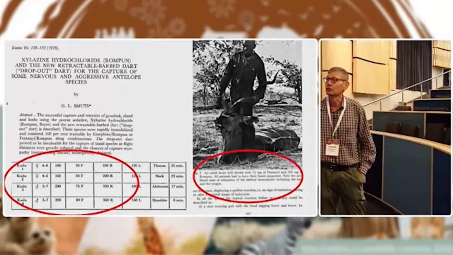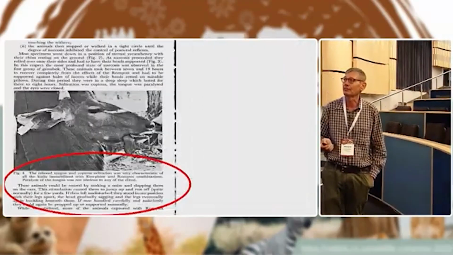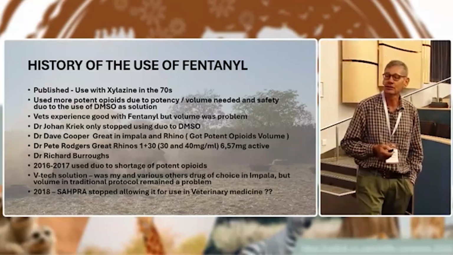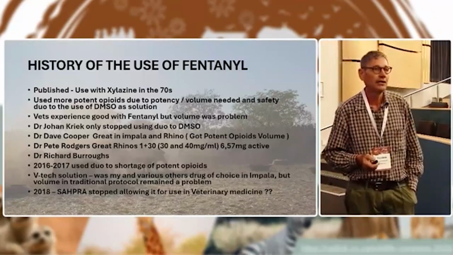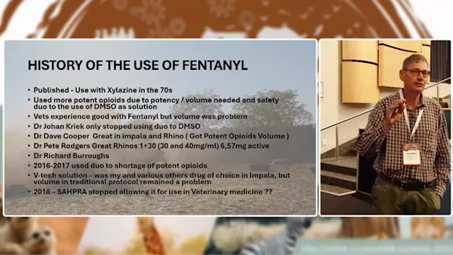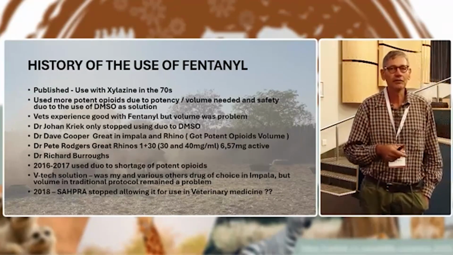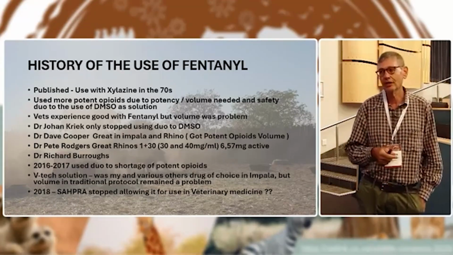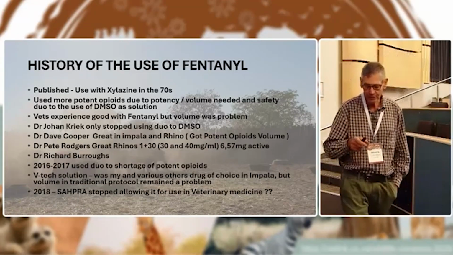I've talked to Pete Rogers, and in national parks they used a constant 1 milligram of etorphine and 30 milligrams of fentanyl for white rhinos, and they used that for years.